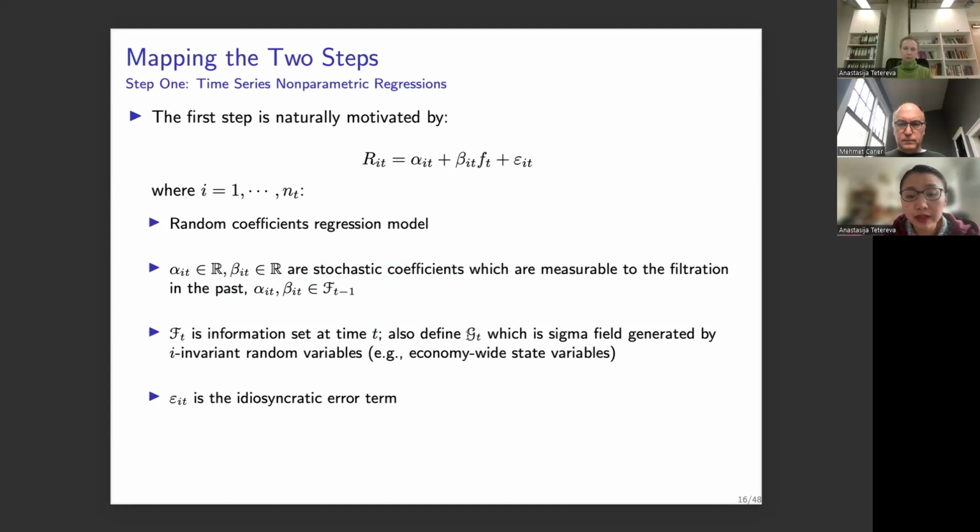We also define some GT. GT is a sigma field that does not include things that vary over i. It solely collects all the cross-sectional invariant factors information. We need that because something is tricky with respect to the assumptions. And epsilon IT is the idiosyncratic error term.